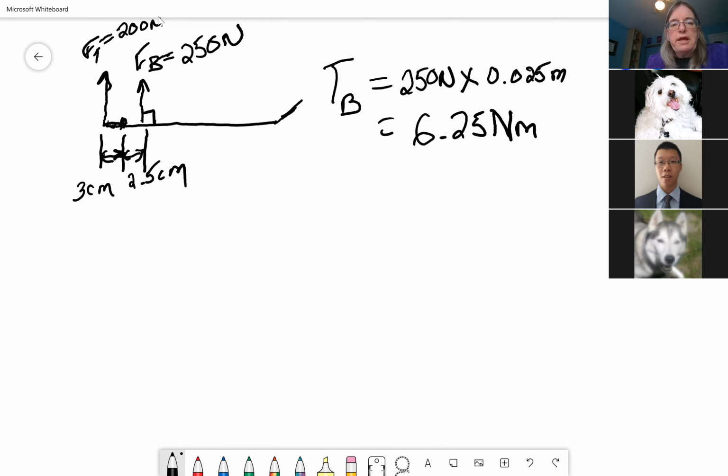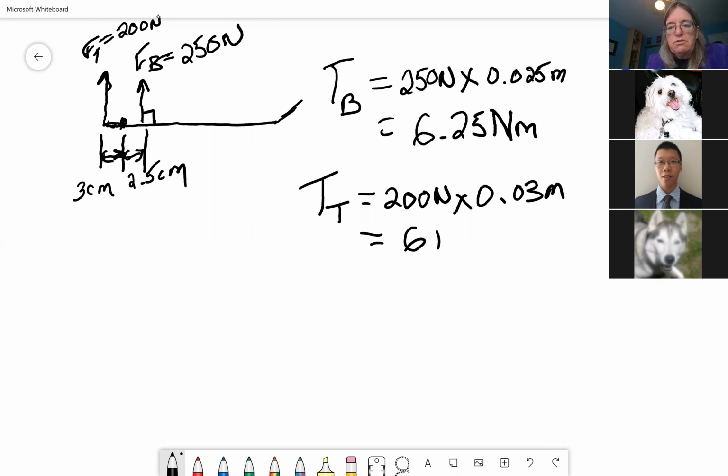The torque, again, that is the strength of the biceps at this point, which is the torque produced by the biceps in this situation. The torque produced by triceps is going to equal 200 newtons times 0.03 meters, or 6 Newton meters.